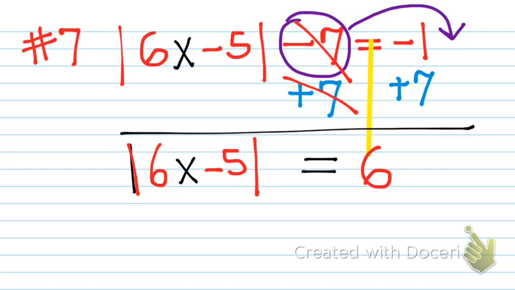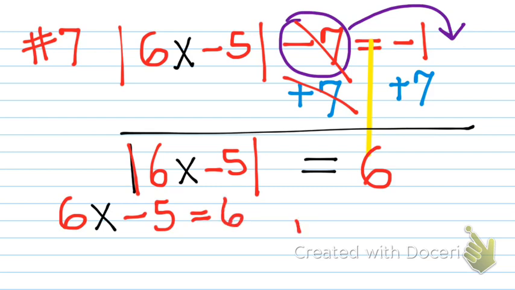Now what we have to do is copy the number inside of the absolute value twice, because we know that there should be two numbers that will produce an absolute value of 6. We write 6x minus 5 equals 6 one time.